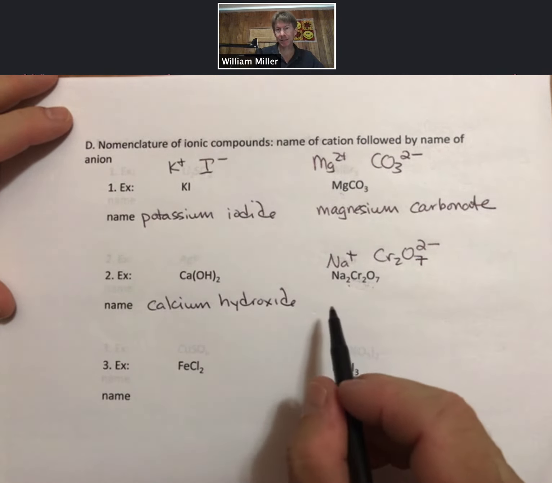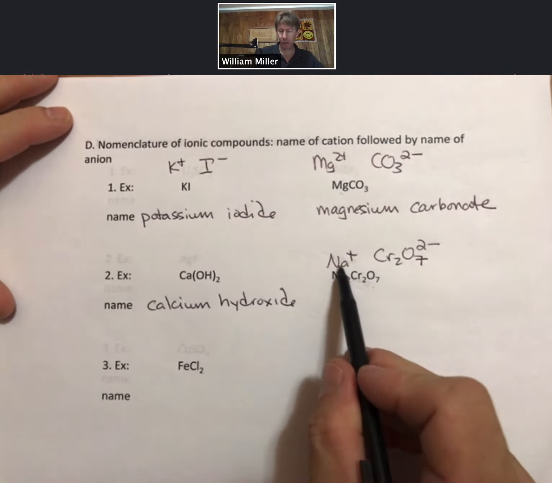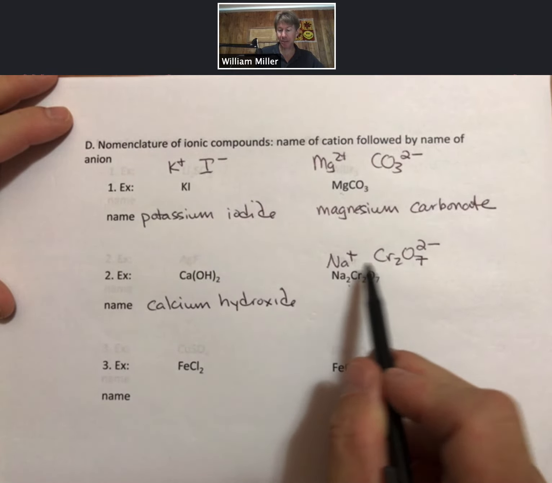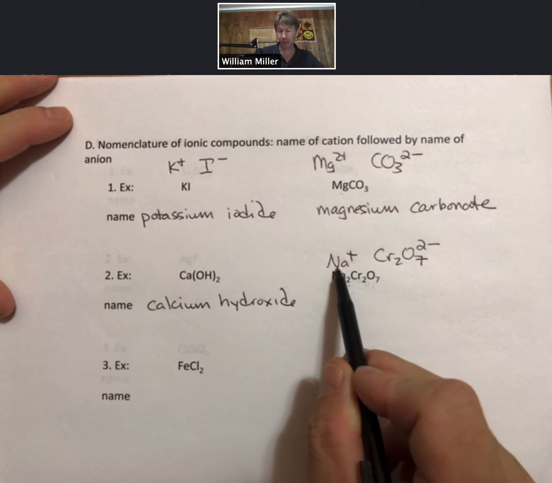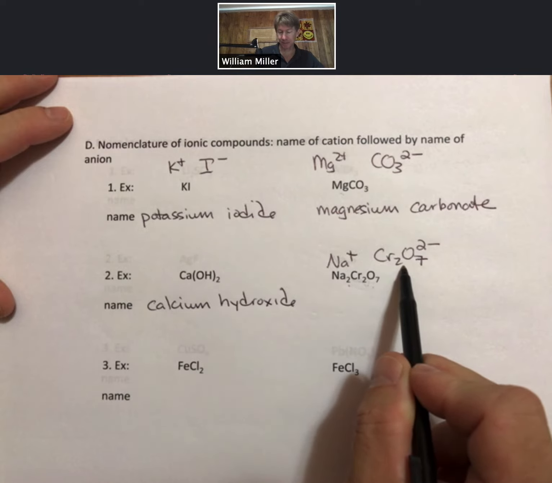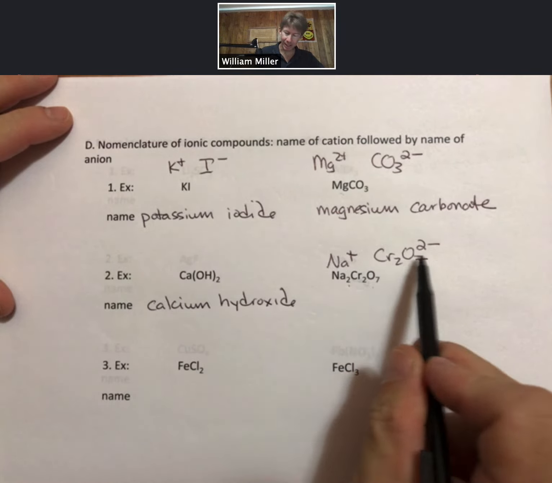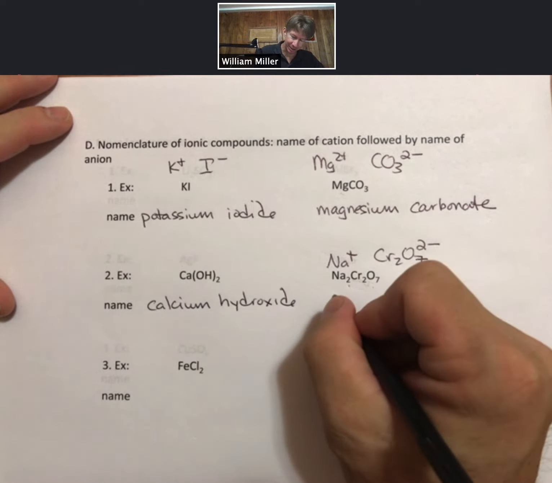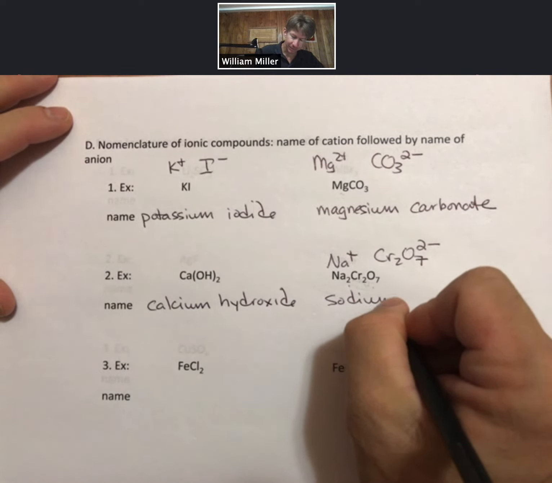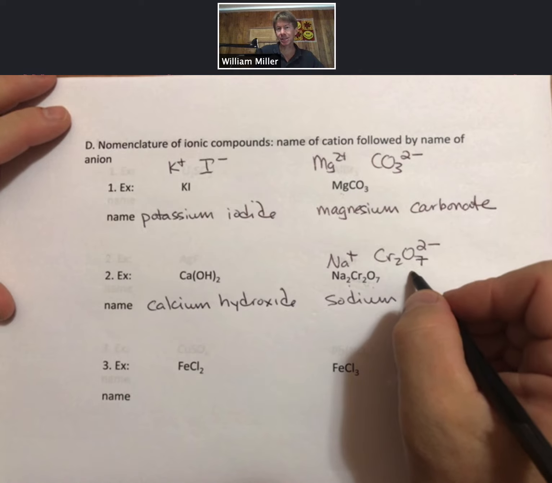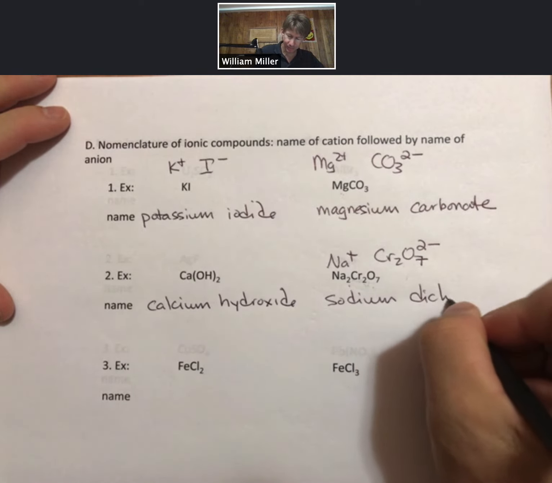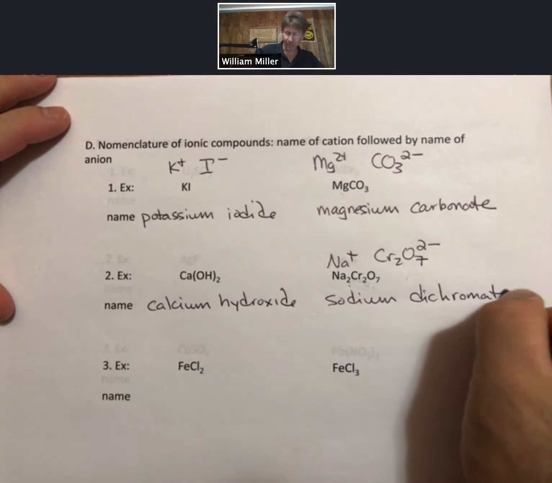Ionic compounds in this course always split up into two types of ions, one positive type and one negative type. And then from there, we know this is the sodium ion, so we call it sodium. This is on our nomenclature list. This is dichromate. And we just have to memorize that.